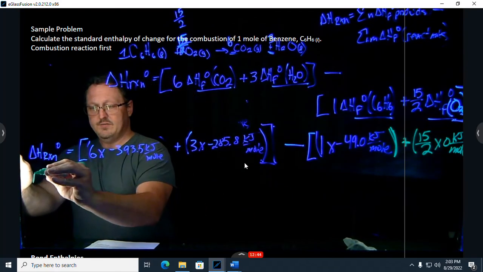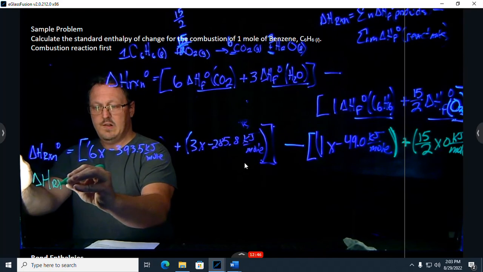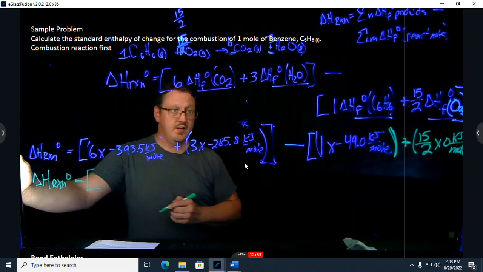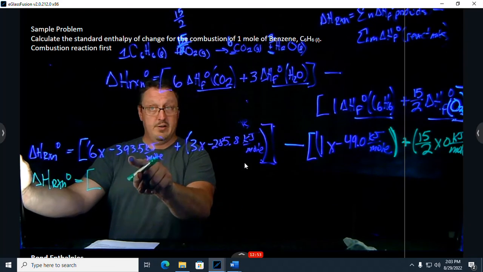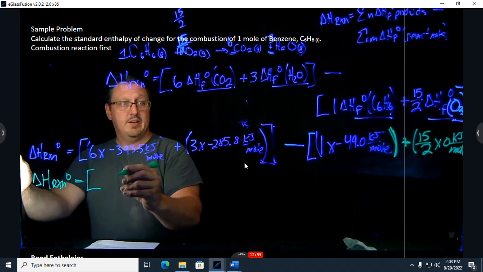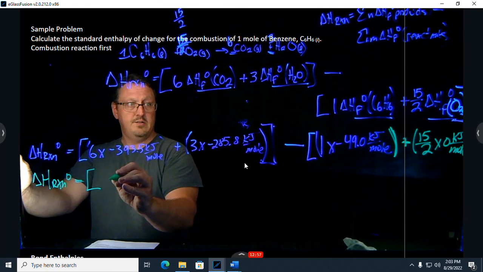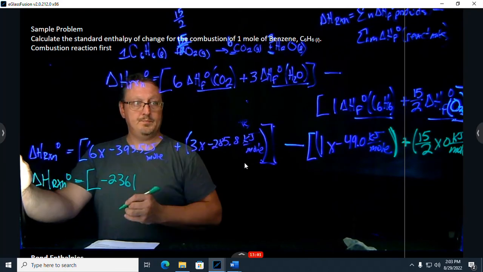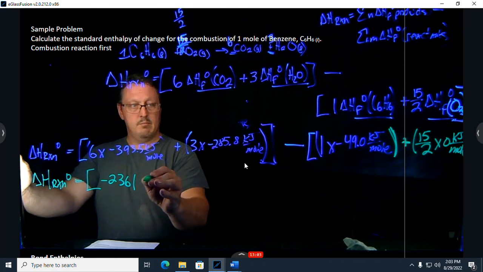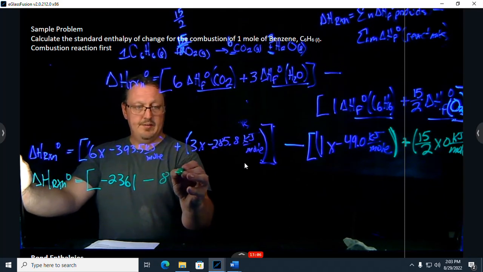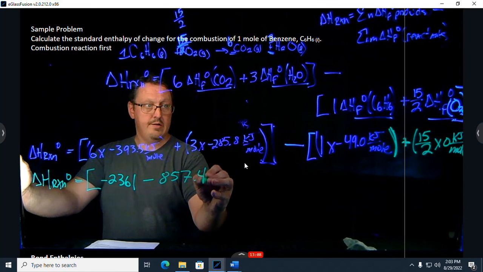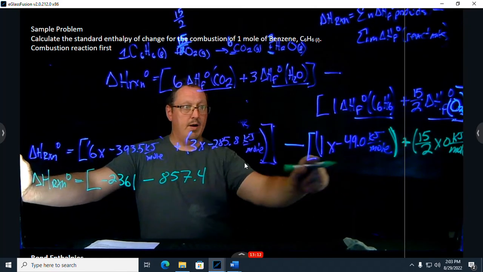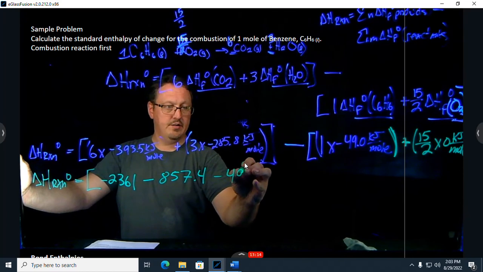So delta H of reaction is going to equal 6 times this, negative 393.5, which is going to be negative 2361, minus 857.4 kilojoules, minus 49 kilojoules.